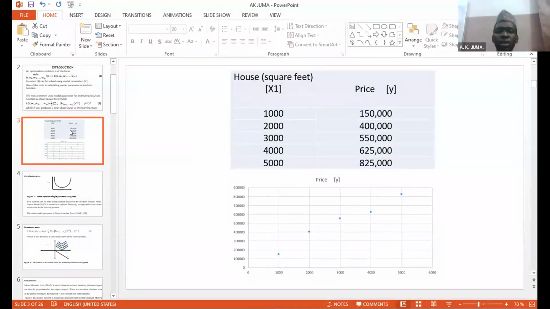If we plot it in a graph, that is the second figure down there, we are going to have what we call the real space. Observe that if you try to draw a line that passes through all these data points, some data points will be off that line.